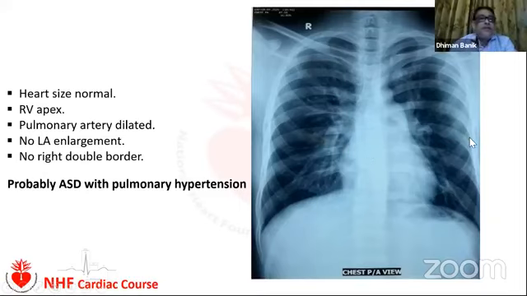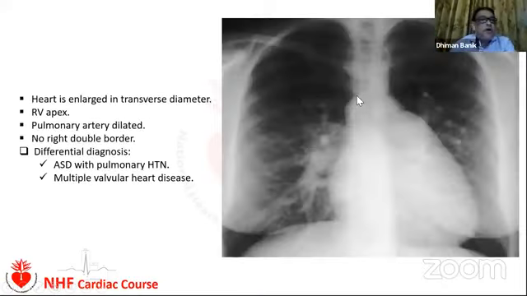This is also a chest radiograph where there is RV apex, an acute angle, and the pulmonary conus is full, and there is straightening of the left heart border, but there is no double contour of the right border, and the pulmonary knuckle is small.